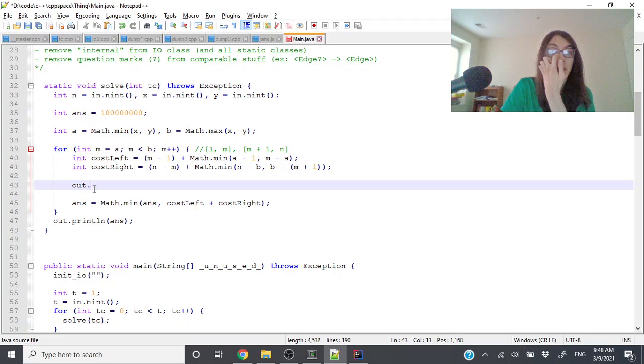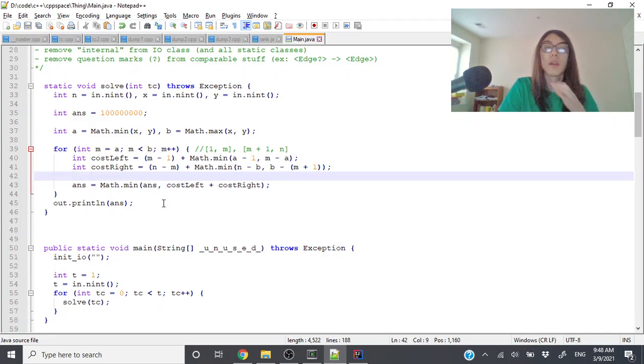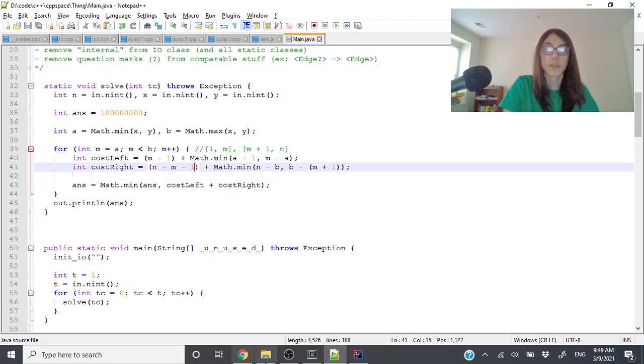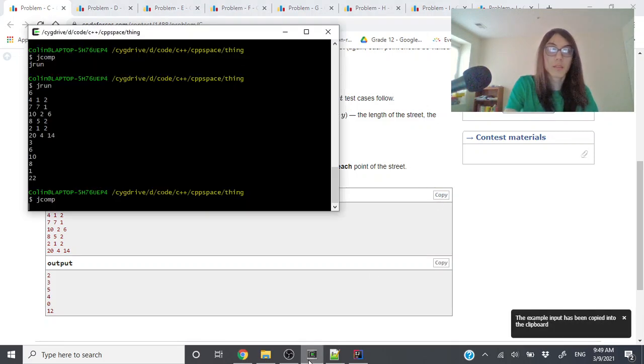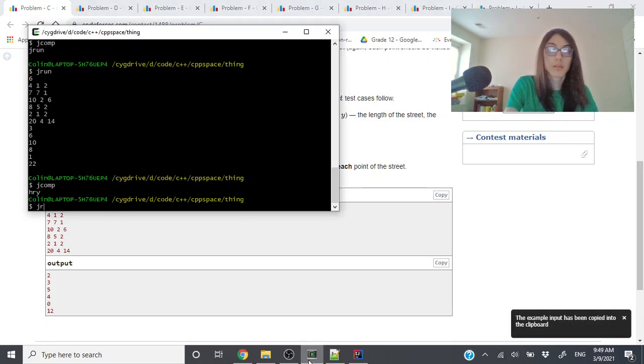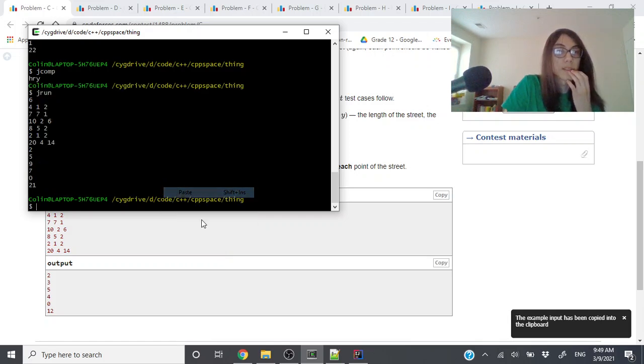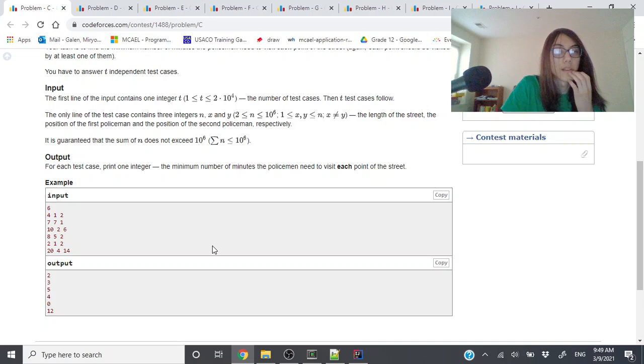Messing something up. m minus m, y. Should be 1 less than that, maybe. It's m minus 1. Well, that doesn't explain everything. Should fix the first thing, but everything else is still messed up. Okay, so 771.